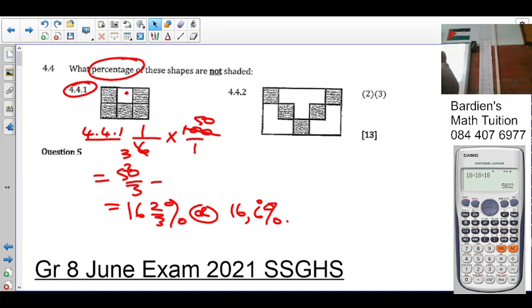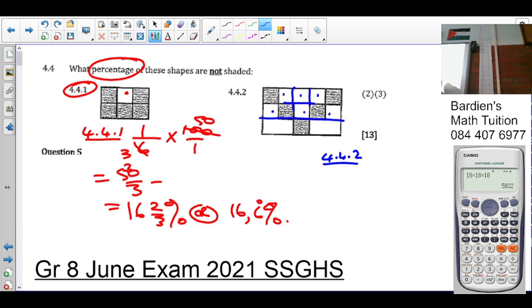Okay. People in 4.4.2, here we have to complete that first. I think you guys got the question like this already, no? There's 1, 2, 3, 4, 5, 6, 7, 8, 9, 10. Is that correct? Is 10 not shaded, or 10, 11, 12, 13, 14, 15 in total, times 100 over 1. 5 goes into here twice, into here 3 times, so it's 200 over 3.